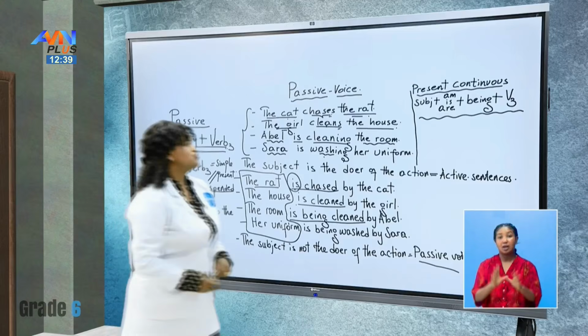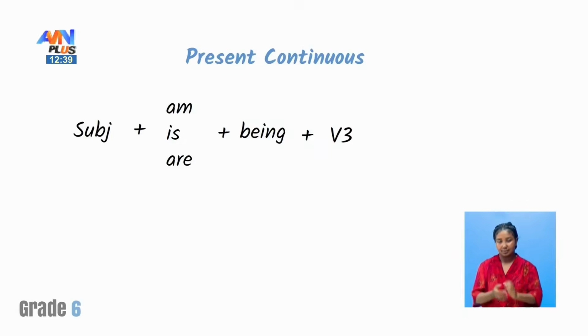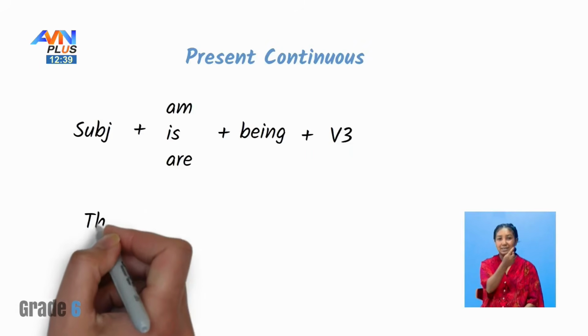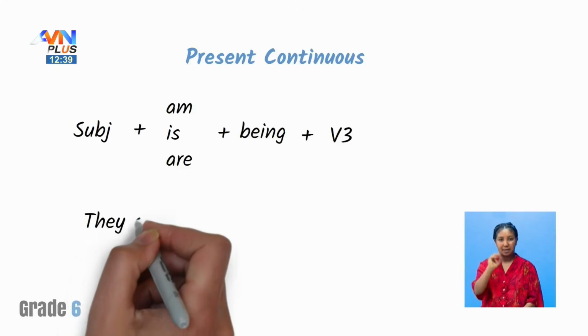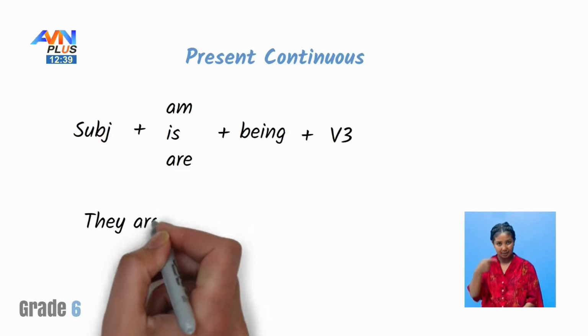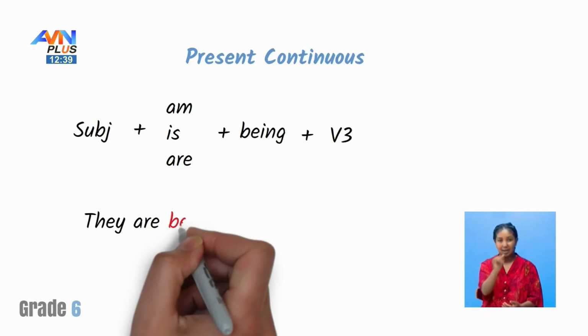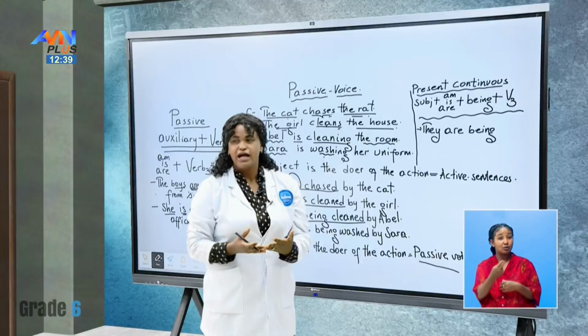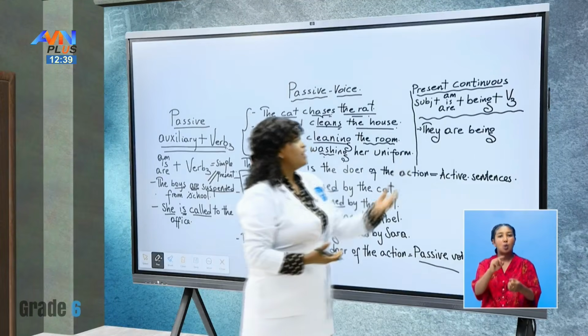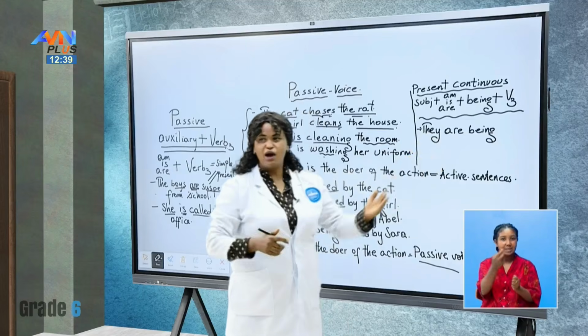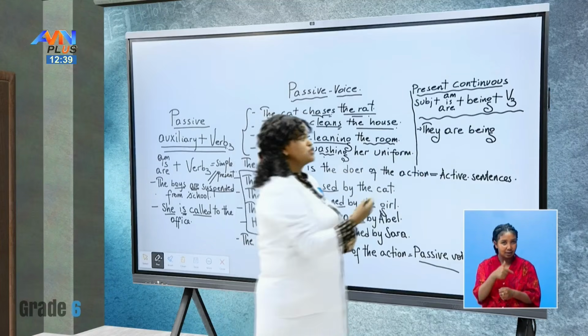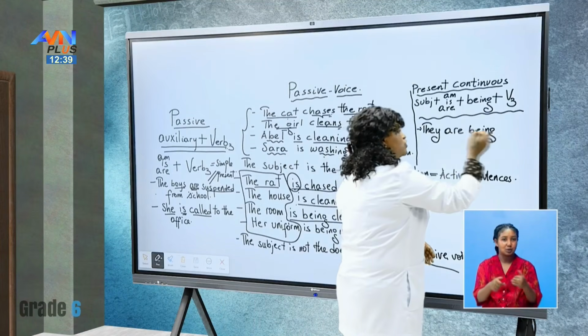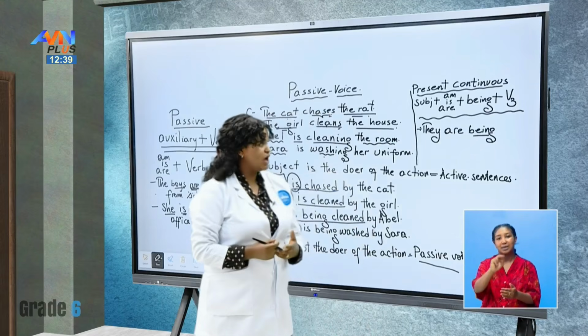Let me give you just one example, okay? They are being, now look, they is my subject. Since it is plural, I have to use what? A plural auxiliary, which is are. They are. Now what I'm going to tell is a continuous action, so I use what? Being. So how does it go?